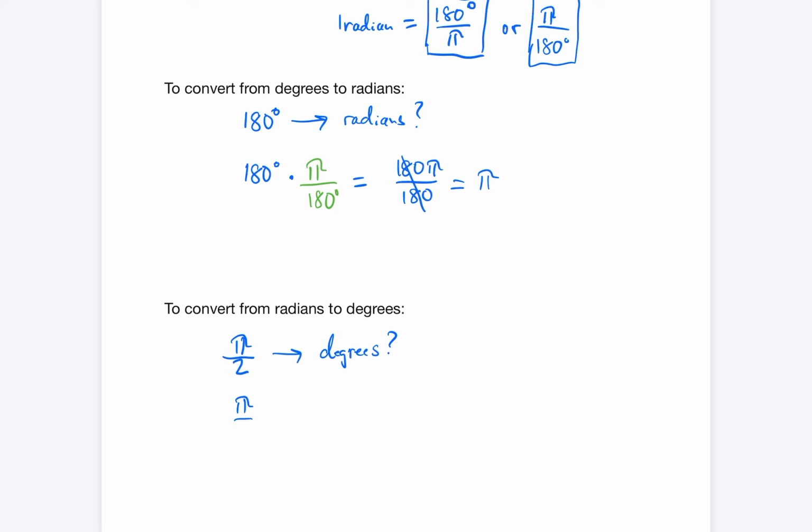Well, we're going to take pi over 2, and we're going to multiply by 180 degrees over pi, and this results in 180 degrees pi over 2 pi. The pi's cancel out, and 180 divided by 2 gives us 90 degrees. Okay, so that makes sense, right? We now know that pi over 2 converts to 90 degrees.